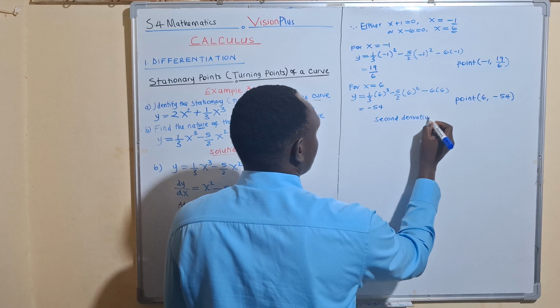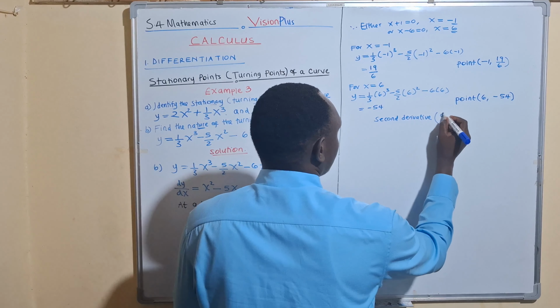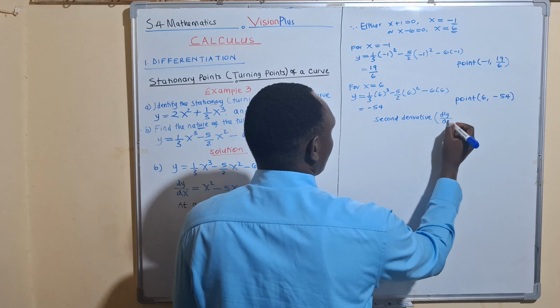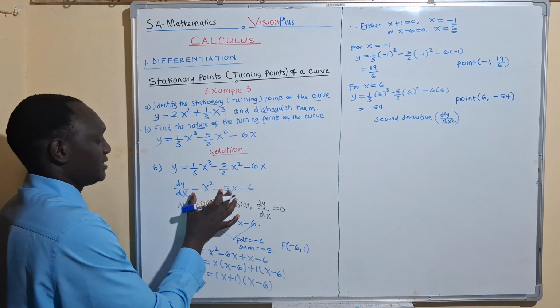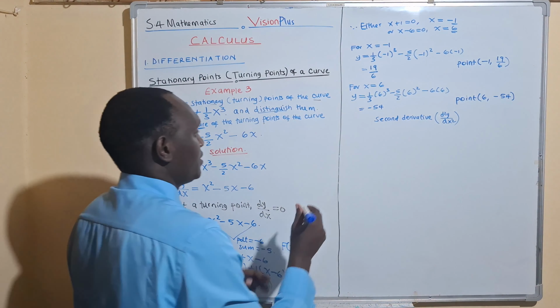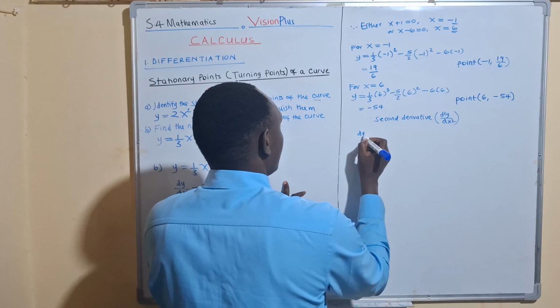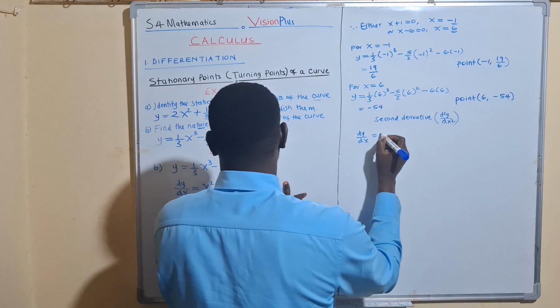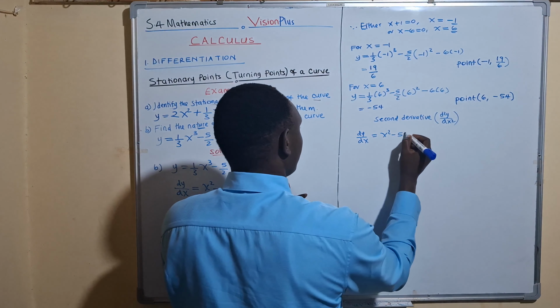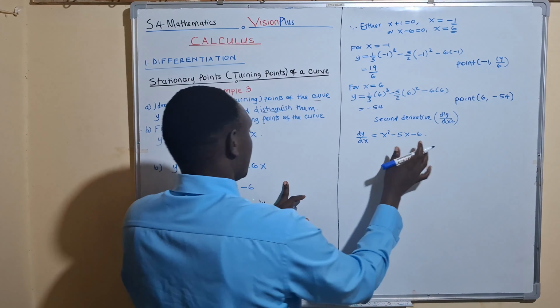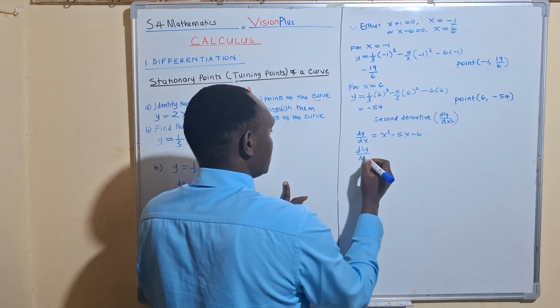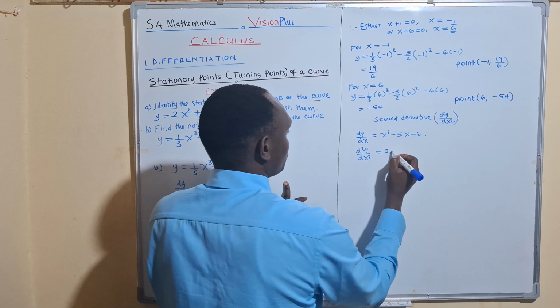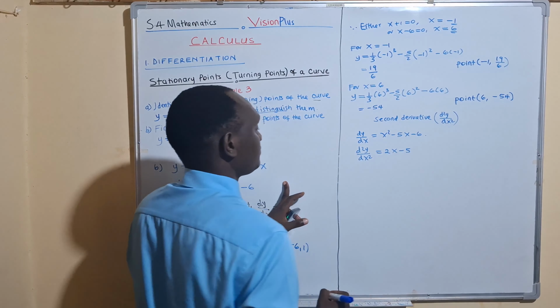There's another method, but I'm not using that method. d squared y/dx squared means we need to differentiate this function for the second time. That is, dy/dx is x squared minus 5x minus 6. Now the second derivative, d squared y/dx squared, becomes 2x minus 5.